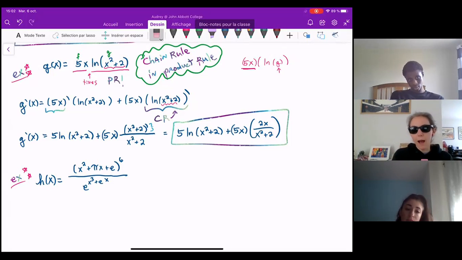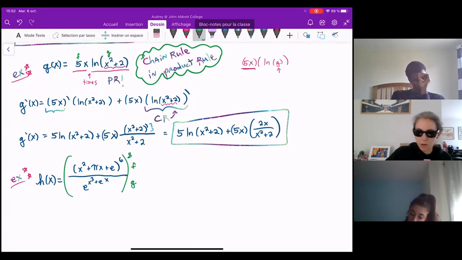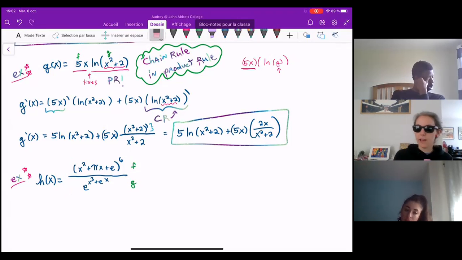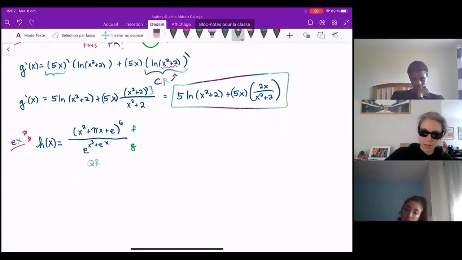And the quotient rule happens because even though I have this function to the power of 6, not everything is to the power of 6, only the numerator is. So I have a thing over a thing. It's not like I have all of this to some power, right? It's not like it's all inside of a ln. It's not like it's all the power of e. I just have a function over a function. So that tells me that I'm going to need a quotient rule. So we're going to start off by applying that quotient rule.